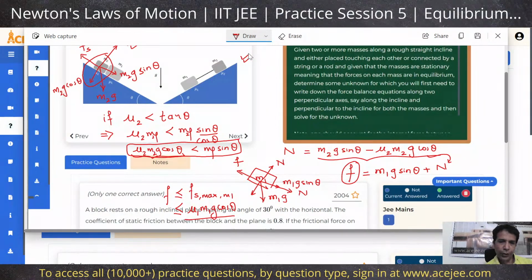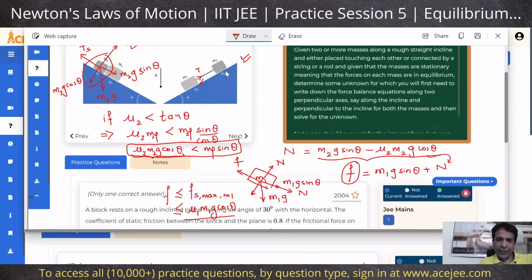But now, when you introduce the rod between the two, then M2 can also apply the brakes on M1. Correct, no? Because now the rod is there, so now there can be a compressive or tension force between the two. So M1 can experience tension in this direction, or it can experience tension in this downward direction, right?